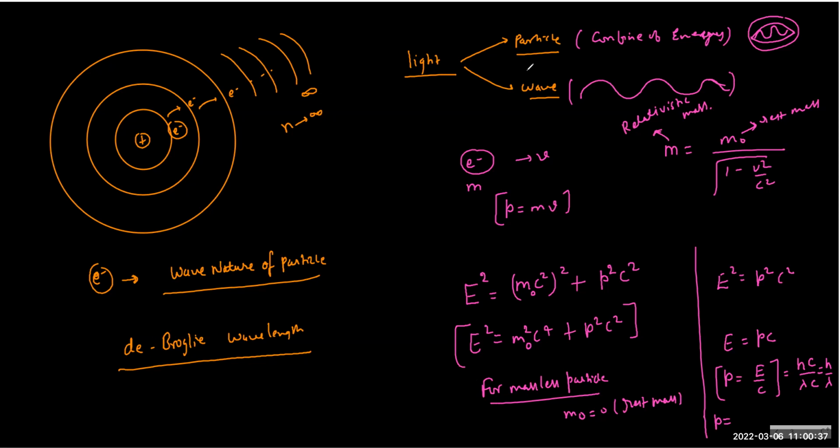So from here we derive the formula that momentum is h by lambda. Now what it is saying is that anything which is having momentum must have a wavelength, the reverse process. In the case of an electromagnetic wave, we know that momentum is h by lambda. So in the reverse case, anything which is having momentum must have some wavelength.